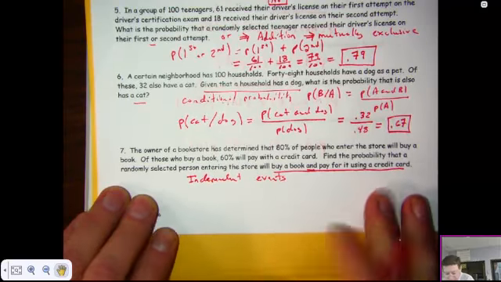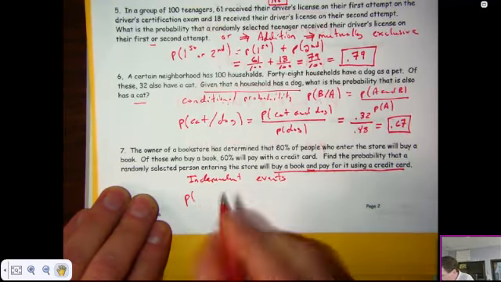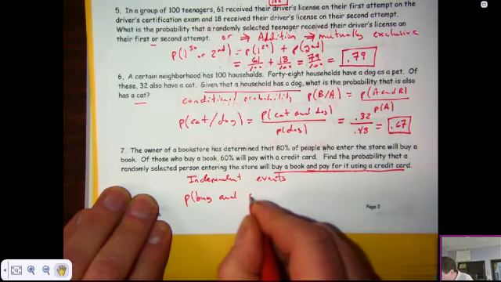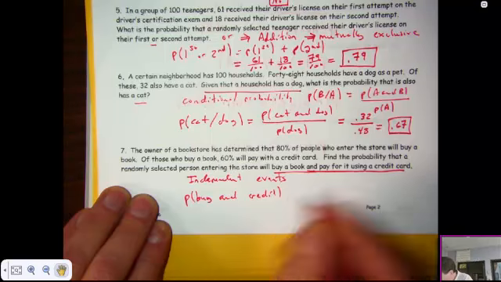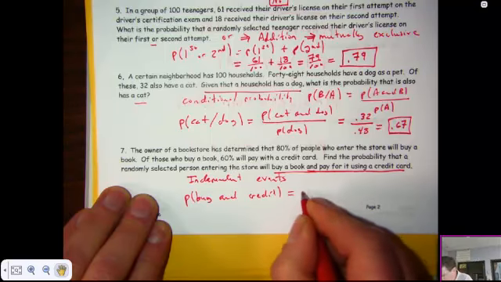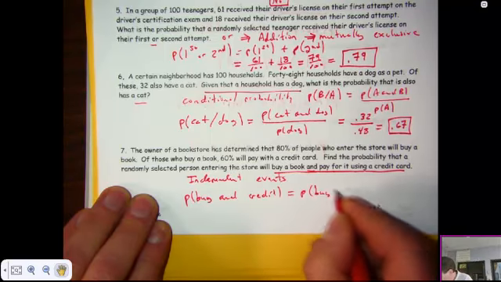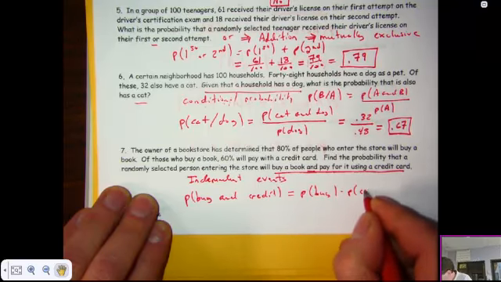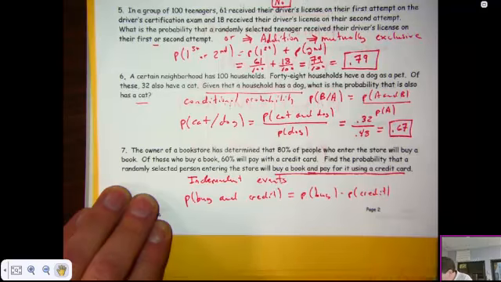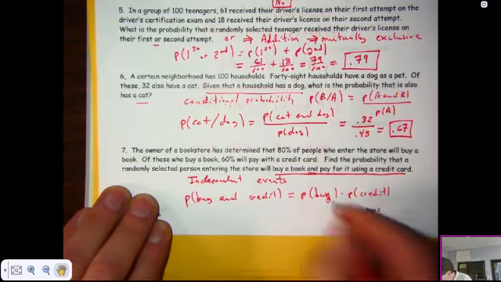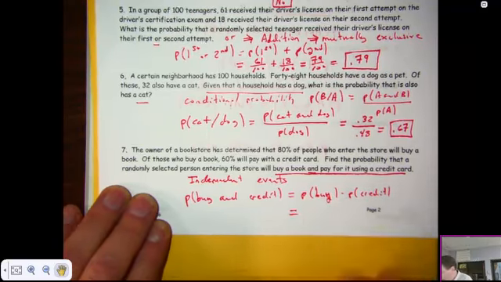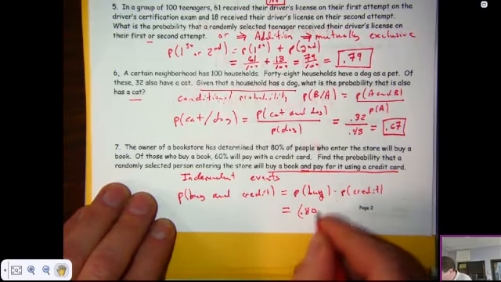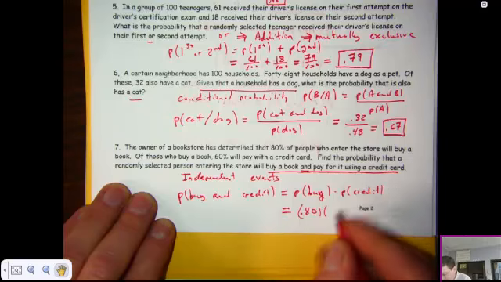Now, if they're independent events, that means the probability of buying a book and paying with a credit card is just going to multiply those together. So what's the probability of buying a book? 0.8. And paying with a credit card, 0.6.